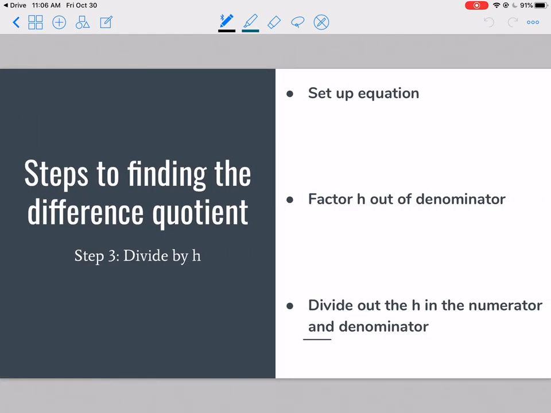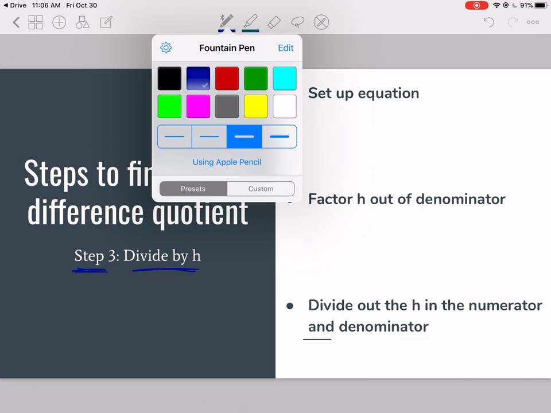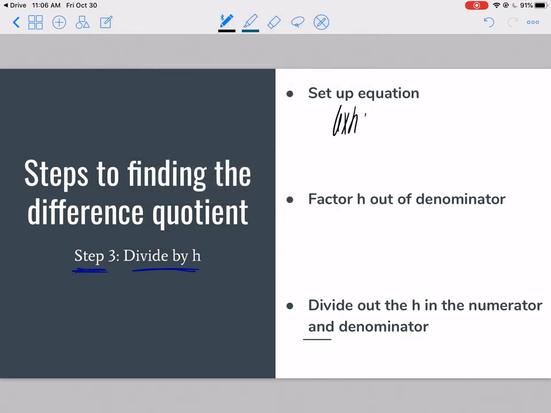All right, so last step here in the process is to divide the entire thing that I found by h. So I have 6xh plus 3h squared, and I'm going to divide that whole thing by h now.